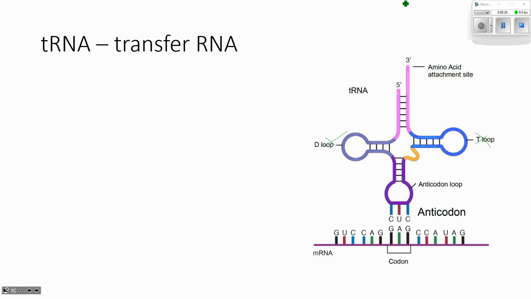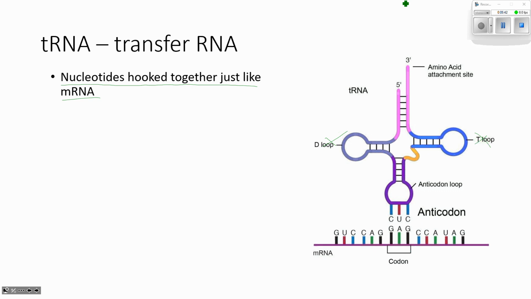Okay, so what happens with transfer RNA is it's a strand of ribonucleic acid, just like messenger RNA. But those nucleotides are hooked together in such a way that instead of just being a long strand, it makes kind of a loop.